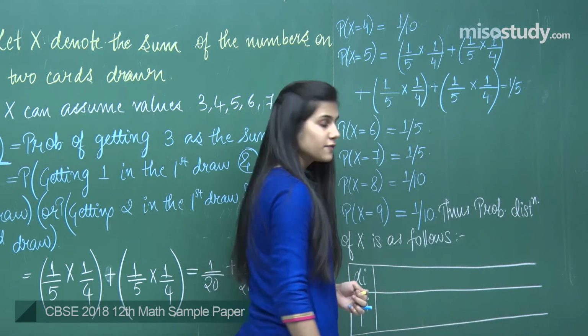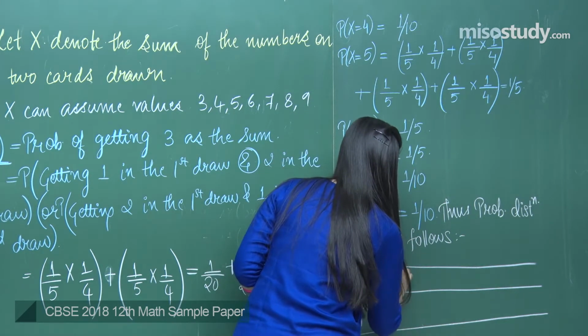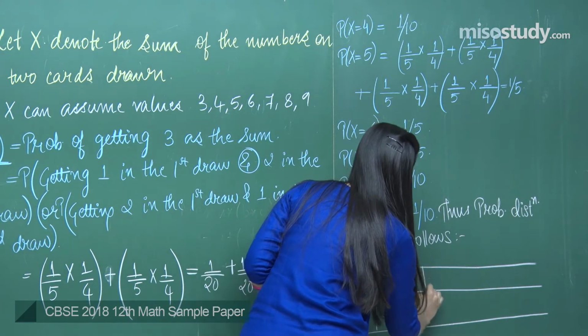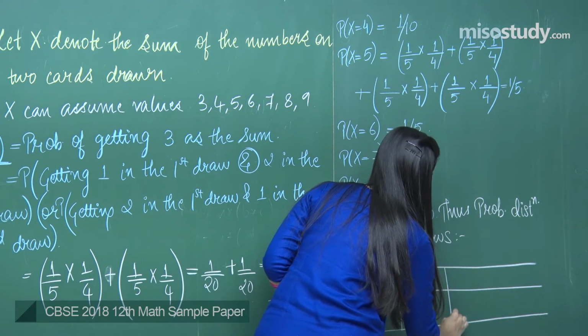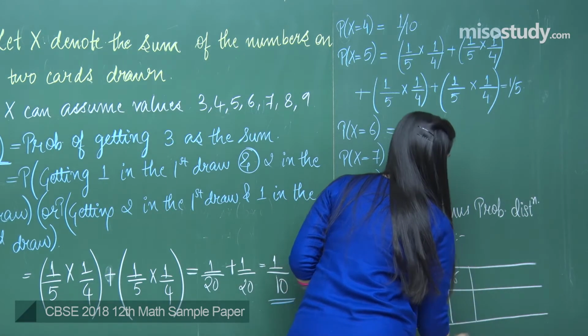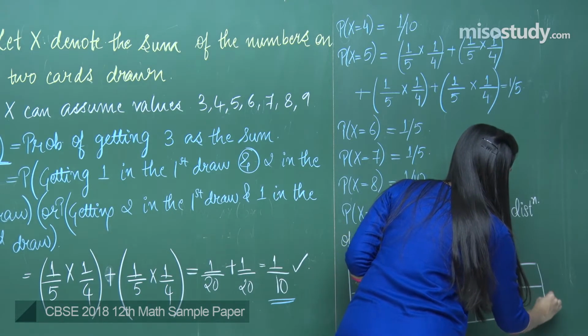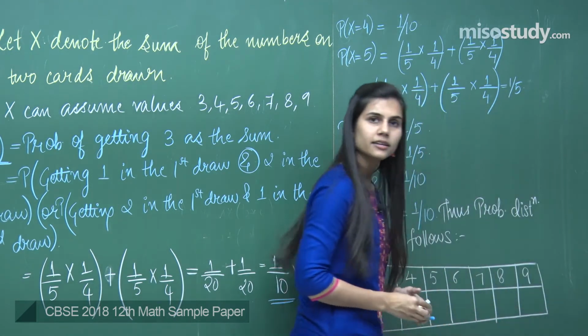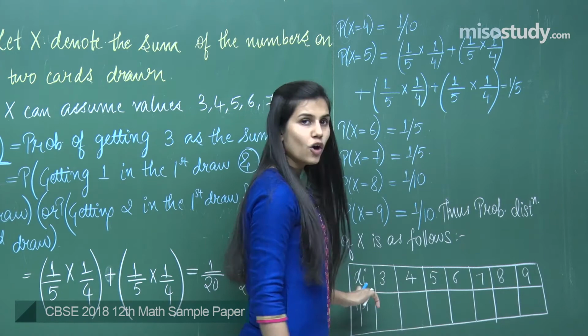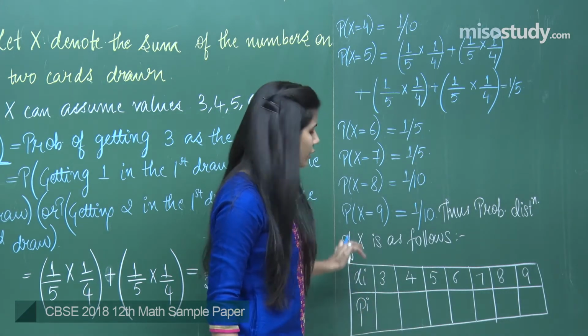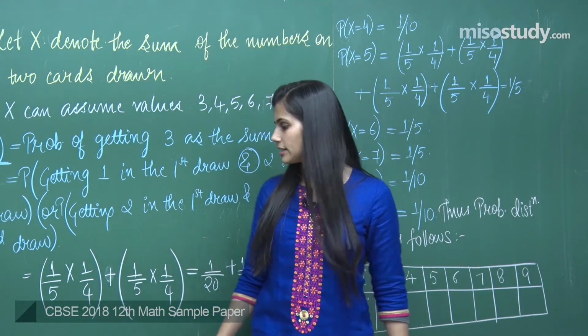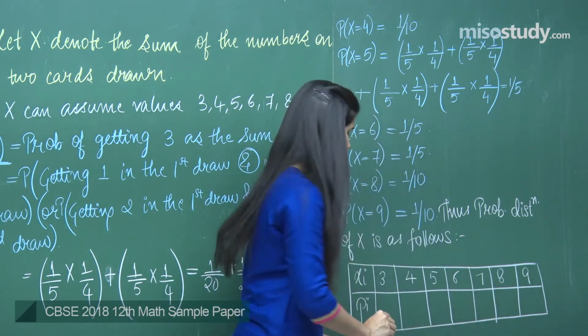What is xi? The first xi is 3, then you have a 4, then you have a 5, then 6, then 7, then 8, and the last is 9. What is the probability of the first xi, which is x1, which is 3? It is 1 by 10.